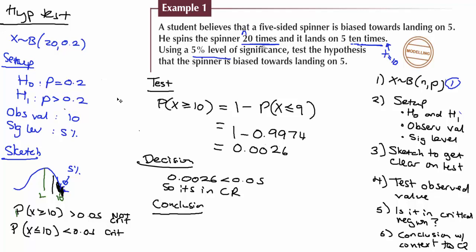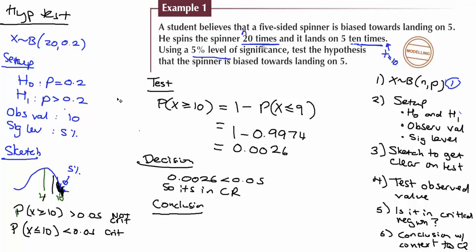We expect it to land on it 4 times. I hope I haven't screwed that up. Hopefully you get it. If it doesn't make sense, come to me. Okay, back to this anyway. So what we've done is we're checking, hey, this 10 times which it landed out of 20, is that too crazy of a situation?